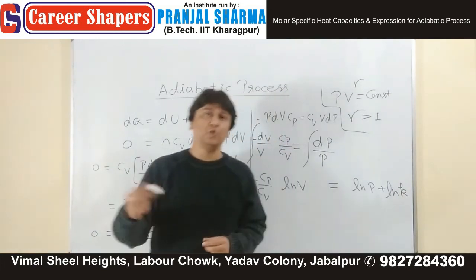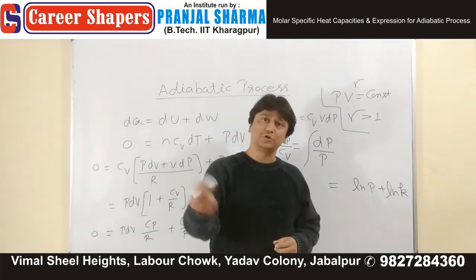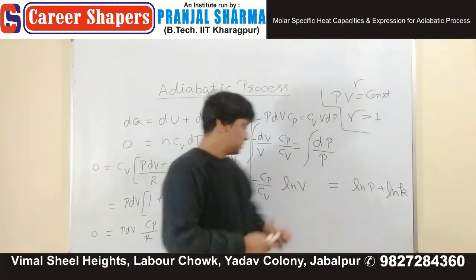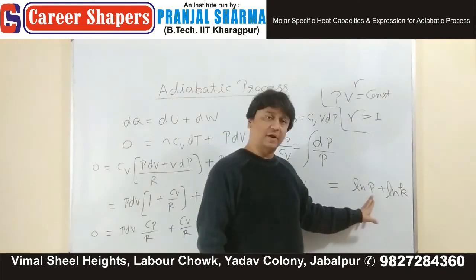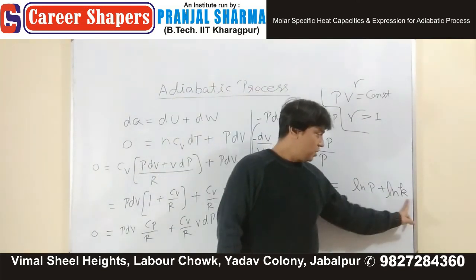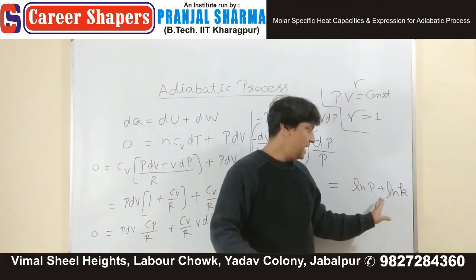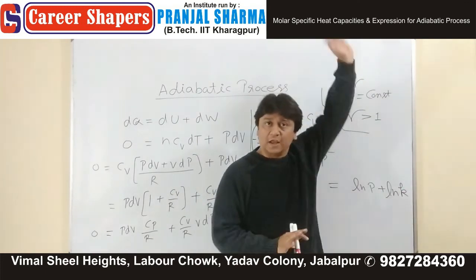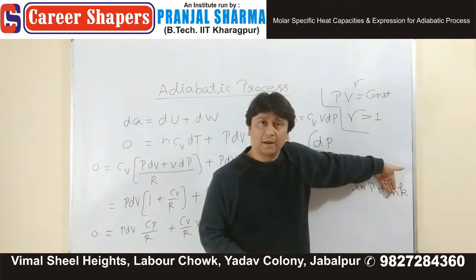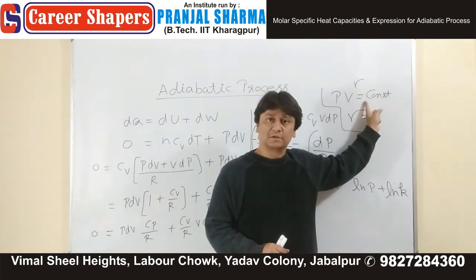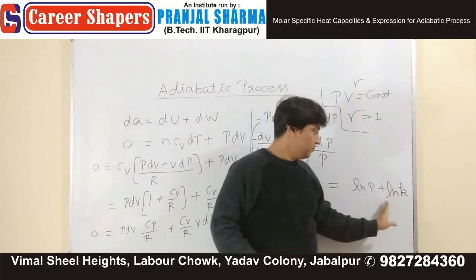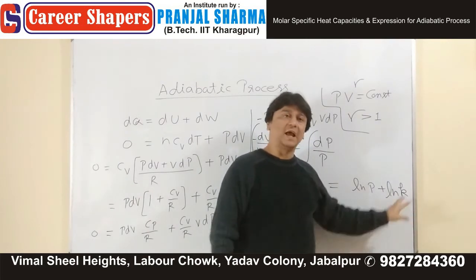If I say 2 is a constant, then log 2 is also constant. So since every term is in terms of ln, the constant of integration term, we have taken that as ln k. Even if you take it as k, you will arrive at this. Just for simplicity, we have taken ln k.